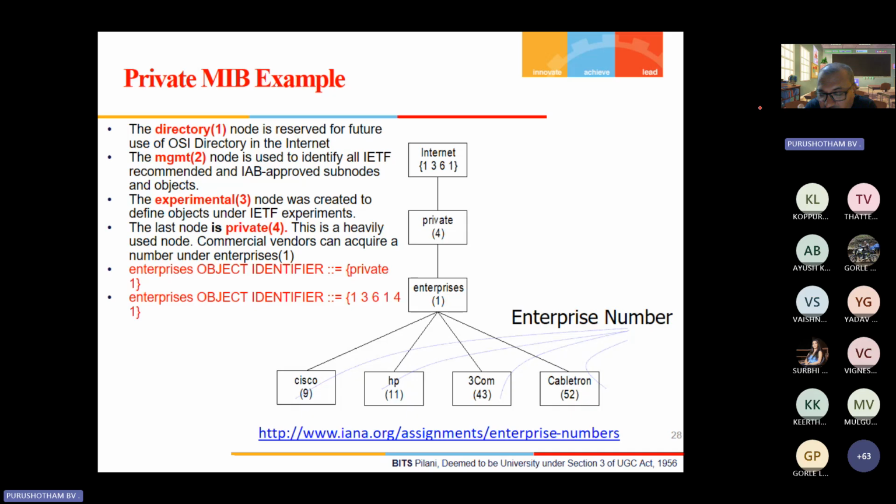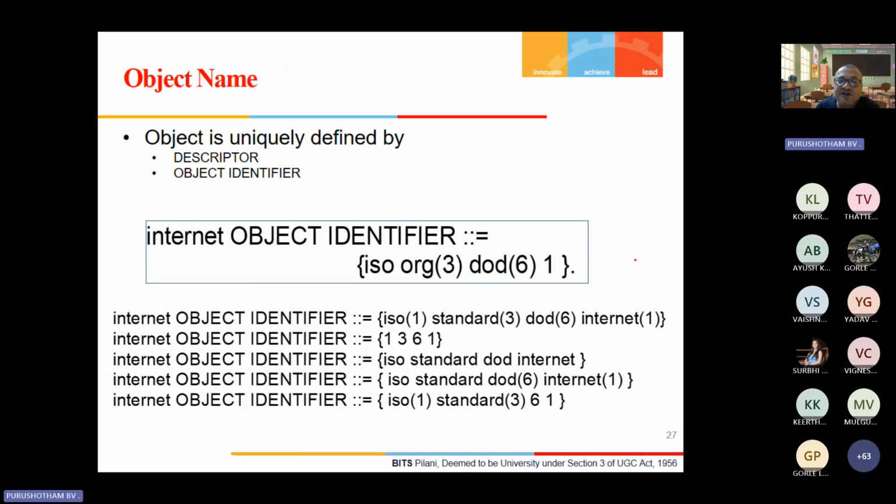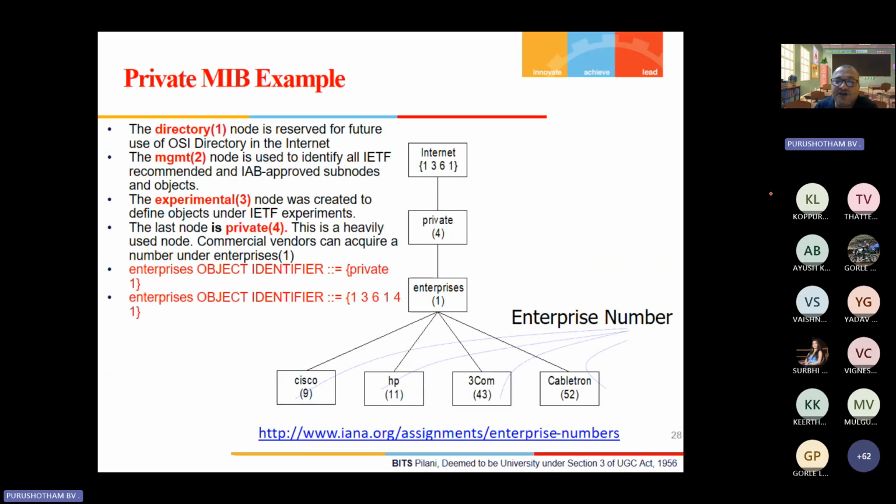It could be a router, it could be switches, or it could be a hub, etc. So that's why internet private enterprises. According to the path, you are supposed to go to 1.3.6.1. Where is private? 4. Then whatever you want, you can go. That is what exactly they are trying to put.